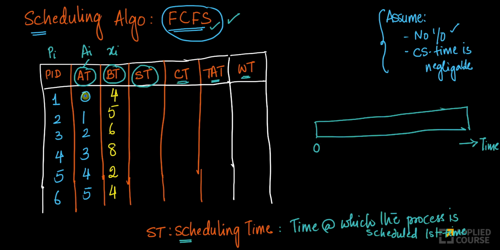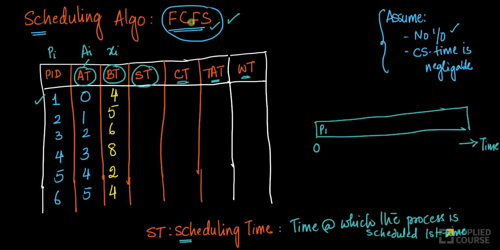Now at time 0, in my ready queue, which processes are there? Only P1 is there, because its arrival time is 0. Since there is only one process, your first come first serve scheduler, your FCFS scheduler, will simply schedule that on the CPU. So P1 will start running.